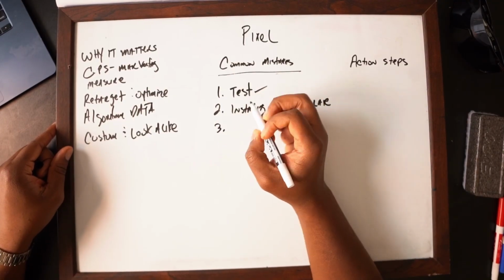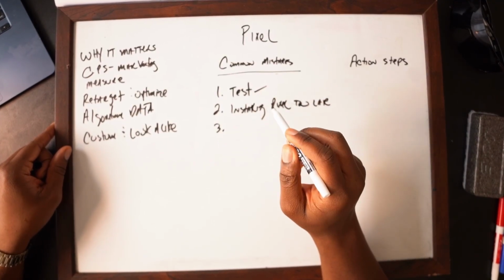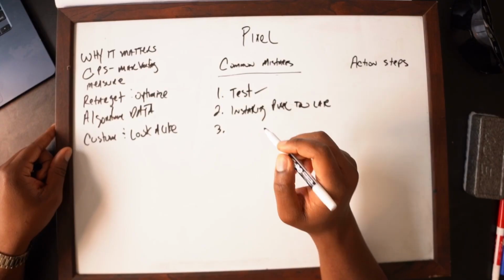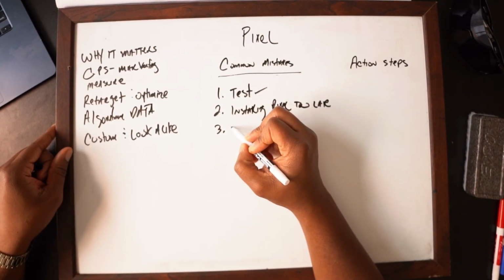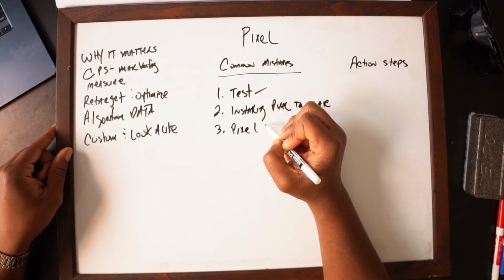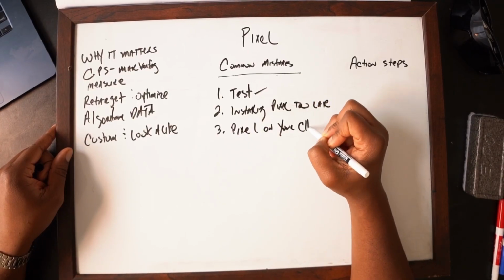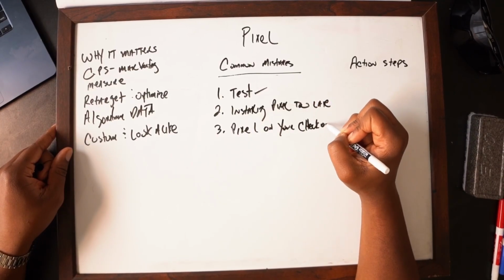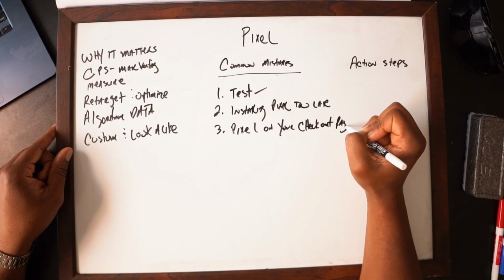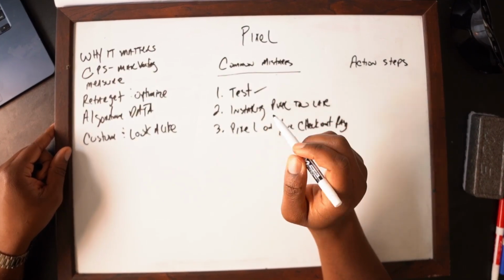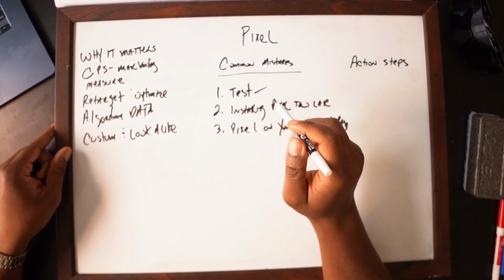Number 3 is my favorite. This is a big common mistake. Most of you are only setting up your pixel on your checkout page. So those are 3 common mistakes that you guys are making.